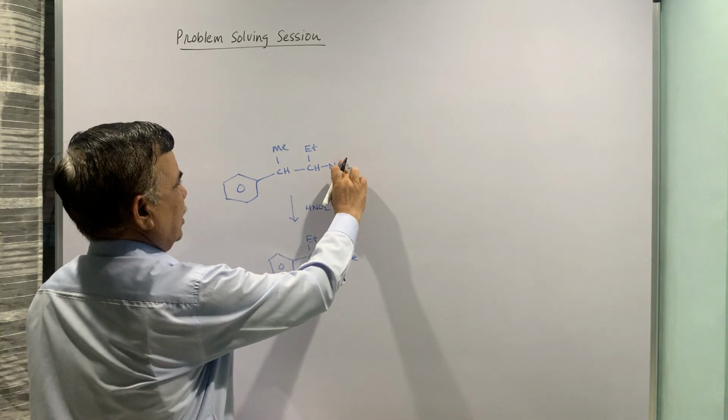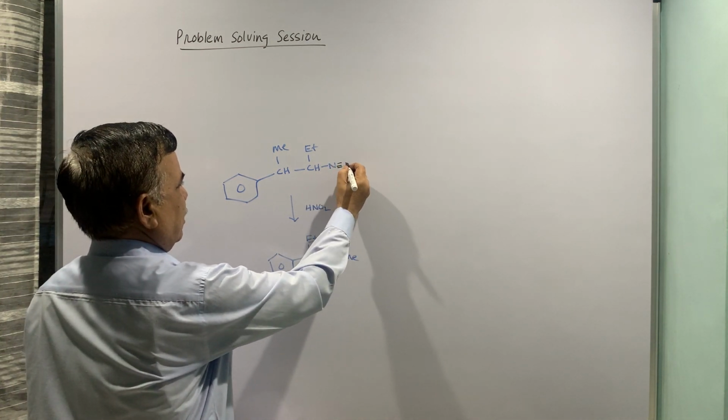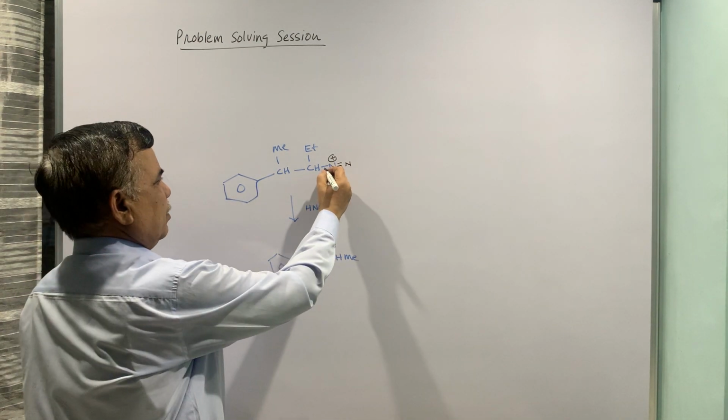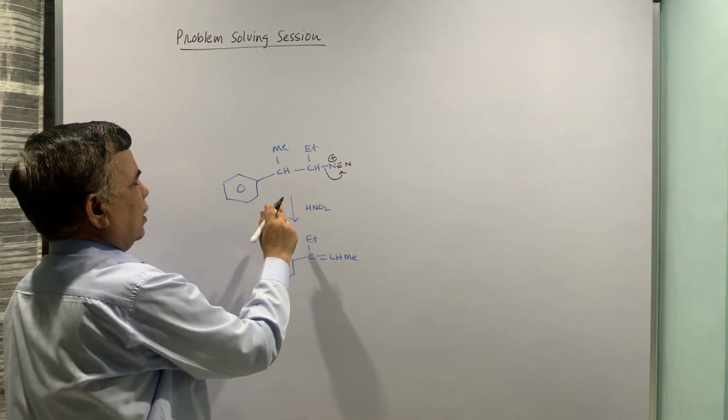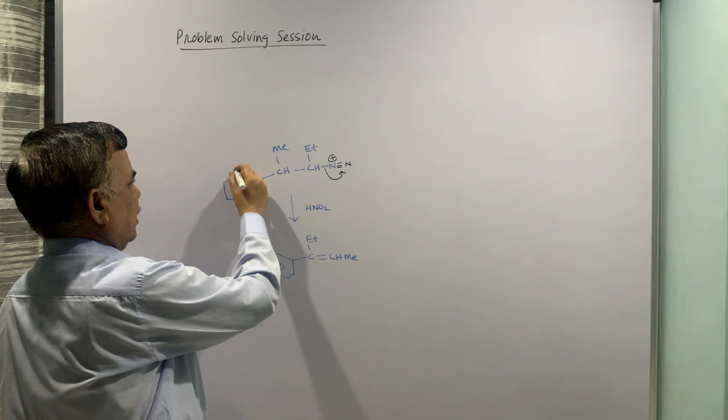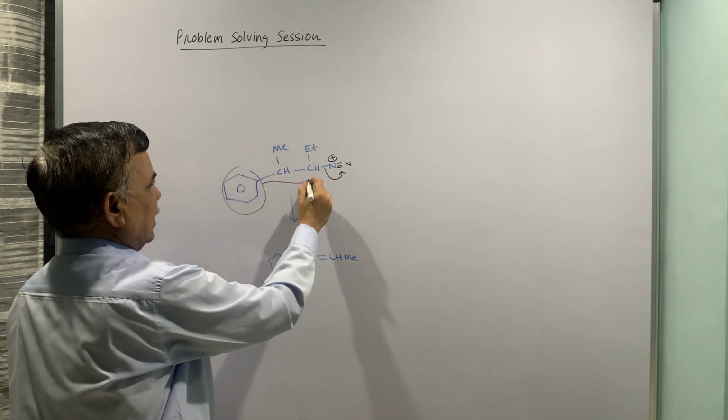The first foremost thing is you have to make the diazonium salt. When this departs, there are two groups which can migrate, either methyl or phenyl. The phenyl ring has got greater migrating aptitude.